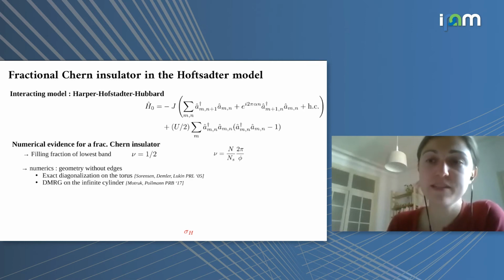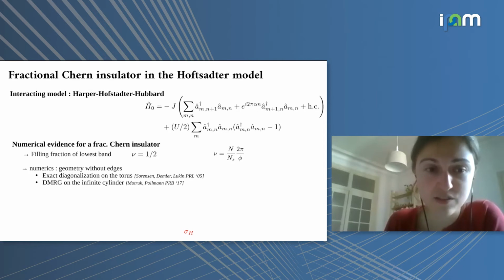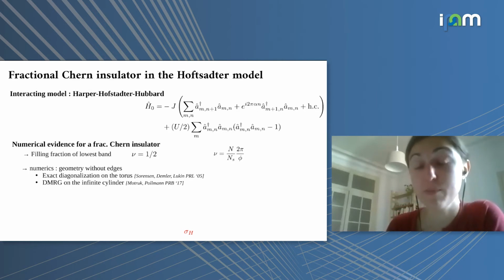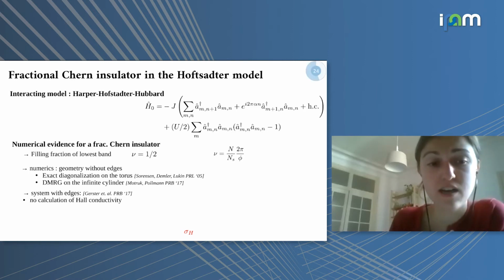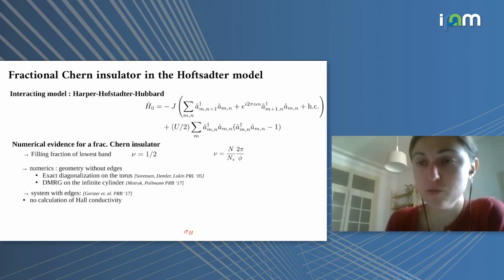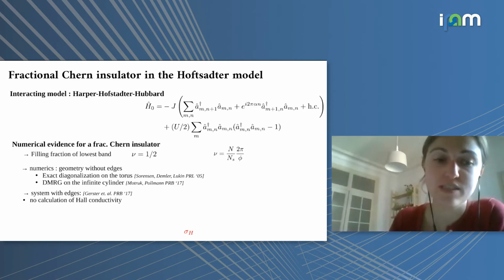This numerical evidence comes from calculations in geometry without edges, either on the torus using exact diagonalization, or also with DMRG on the infinite cylinder. And there's also some evidence, maybe somewhat more suggestive, in systems with edges. But typically, when you have edges and you don't have any periodic boundary conditions, it's harder.